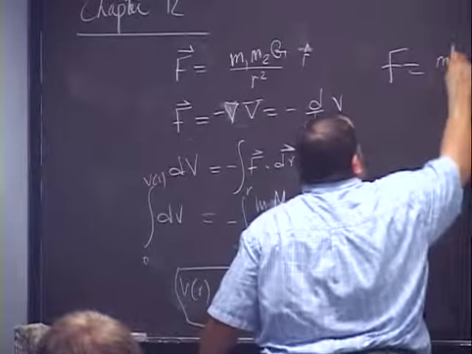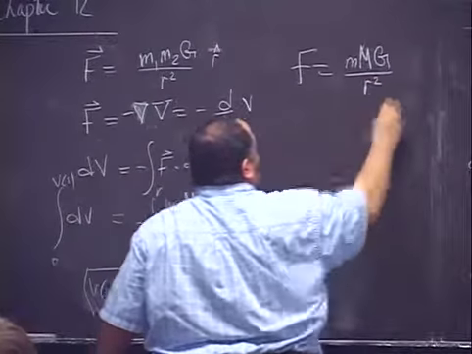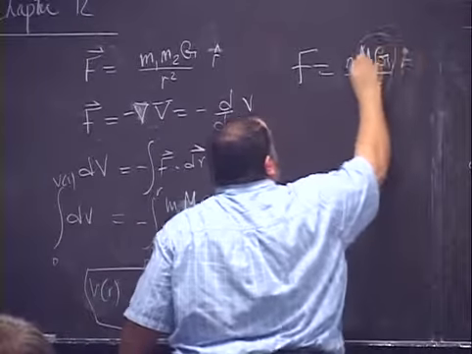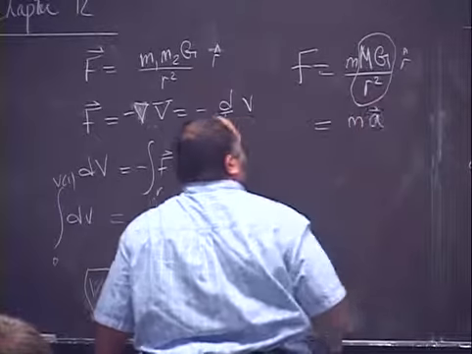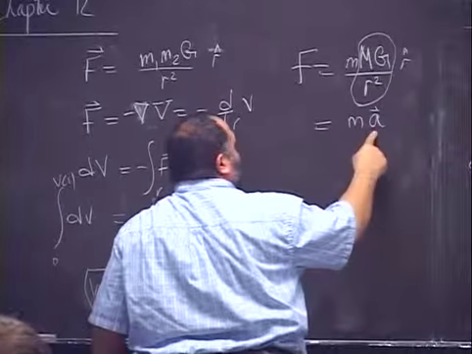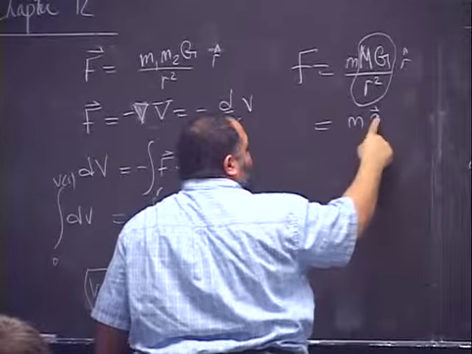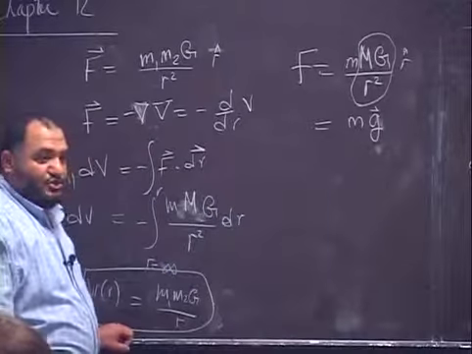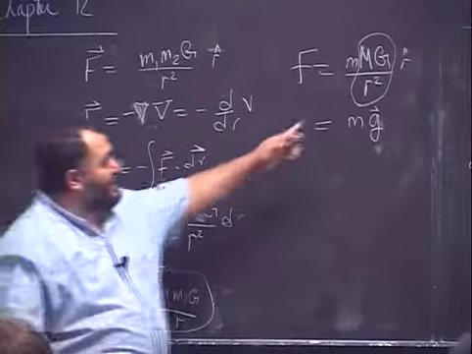Small m multiplied by capital M G over R what? R square in the direction of R. What's this? This is what? Force equal to mass multiplied by what? Acceleration. What's the acceleration and the gravitational field? G. Okay, guys?